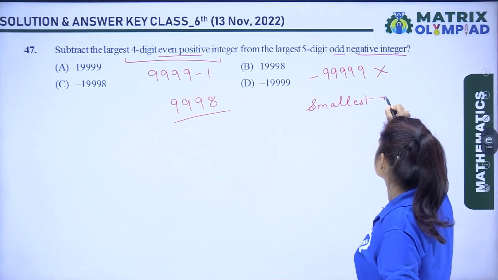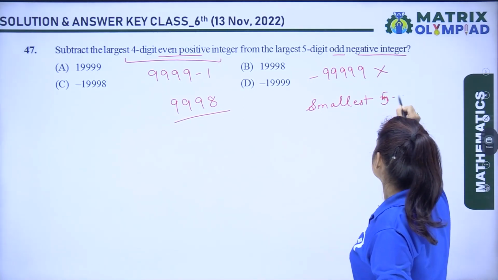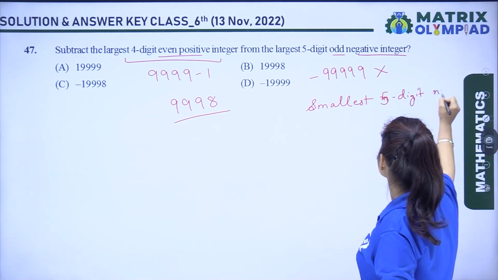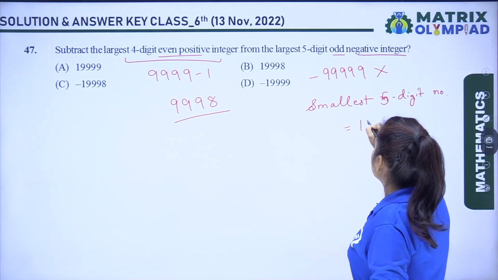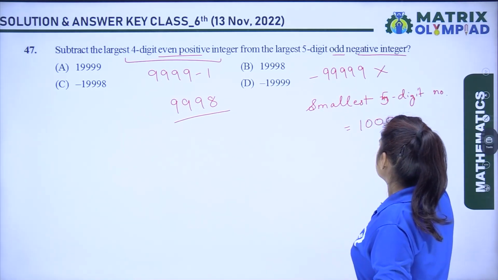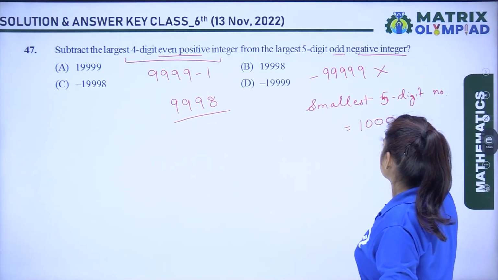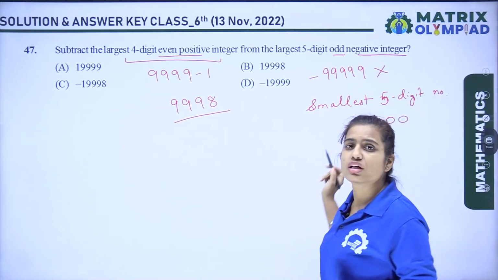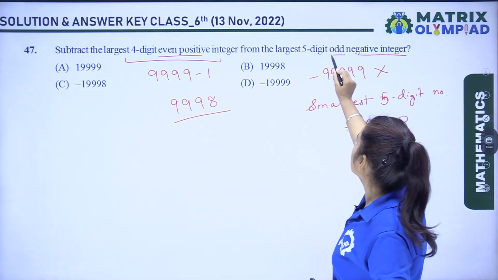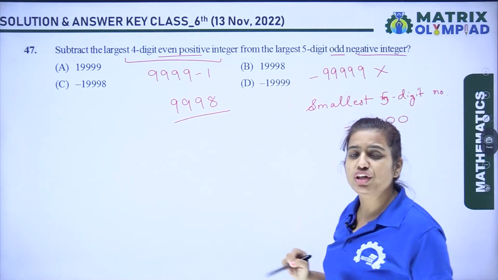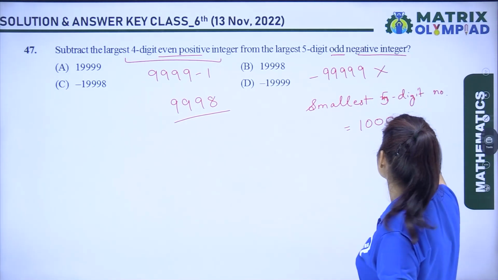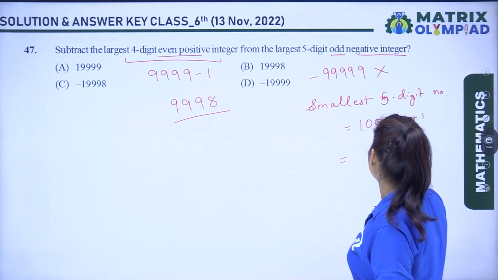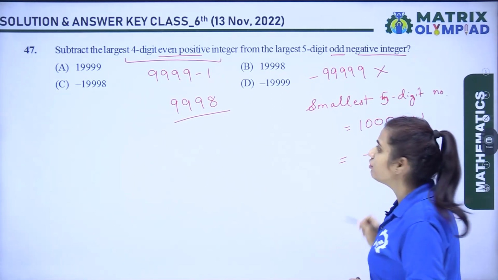So, the smallest 5-digit number is 10,000. Now, 10,000 is an even number. Now, we have to take the odd number. So, what we will do? We will add 1 to 10,000. So, we get 10,001 in the negative form.